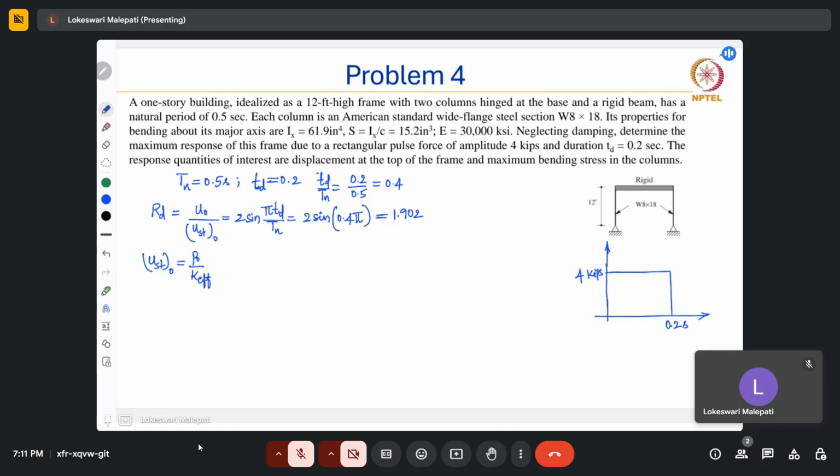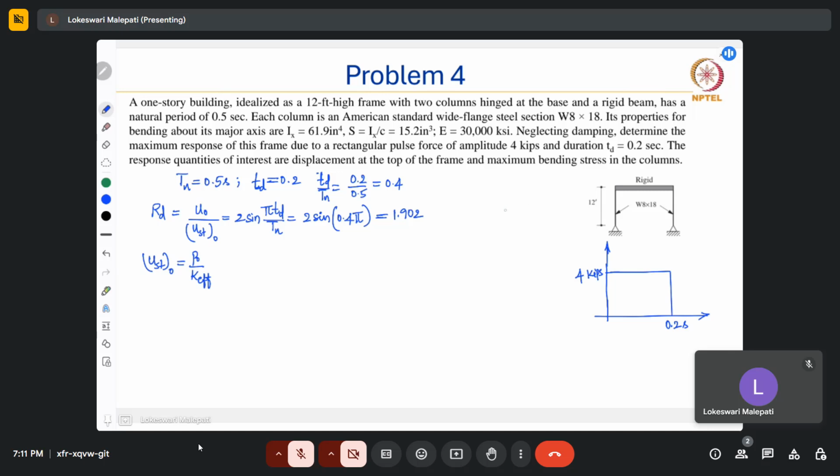They have given that the beam is rigid. That means the effective lateral stiffness for this frame would be simply the summation of the stiffness coefficients for the two columns when a unit lateral displacement is applied. Here the far ends are hinged.